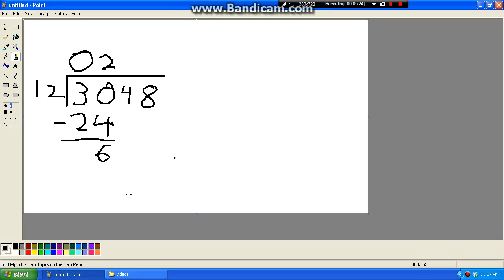So this leftover 6 here, what this represents is that there's a 600 left over. Because after that 24,000, if you tried to get another 12,000 in, it wouldn't work. So basically what we're doing is we're counting how many times this number can go into 3,048, but we're going from most significant.